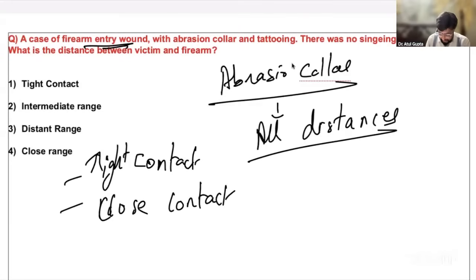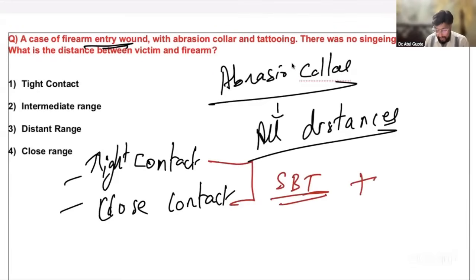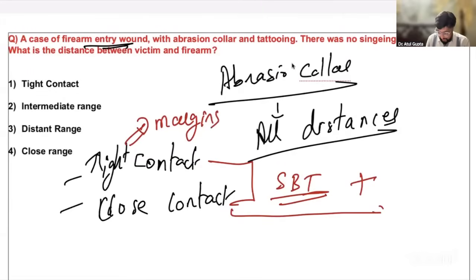In both tight contact and close contact, all three, singeing, blackening and tattooing, are present. In tight contact, these are present only on the margins, and in close contact, they are present around the wound.